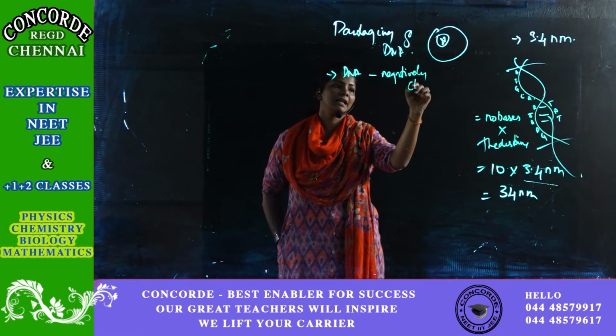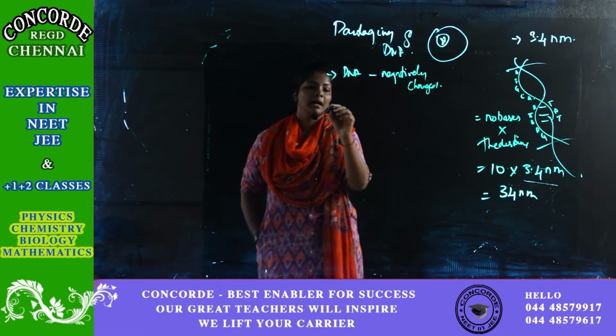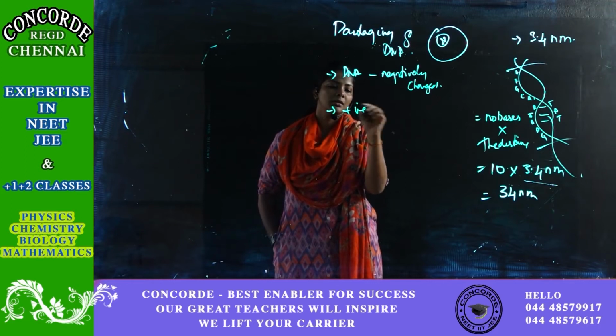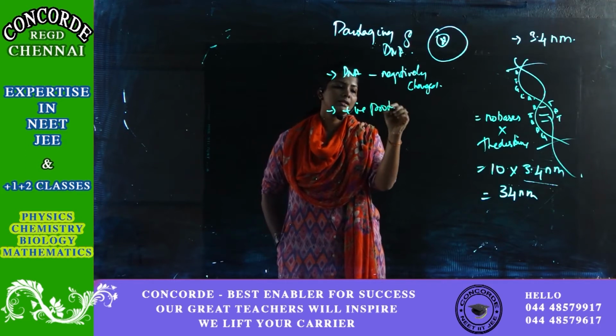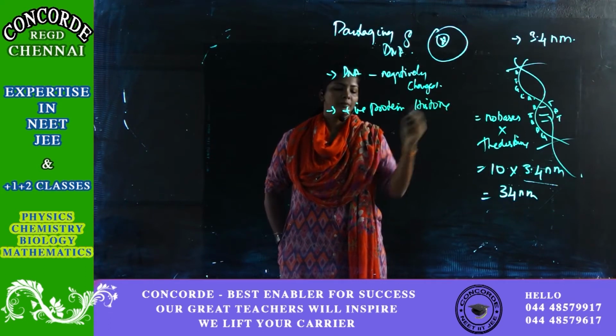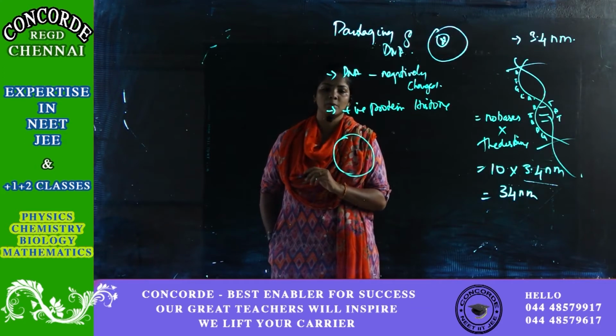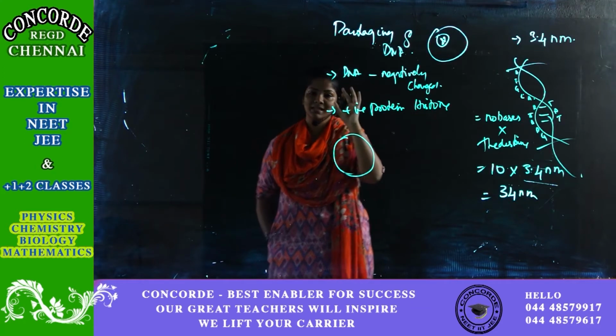The charge of the DNA is negative. Now a positive protein called histone protein is present. It is a positive, round, ball-like protein. This histone is not a single protein.